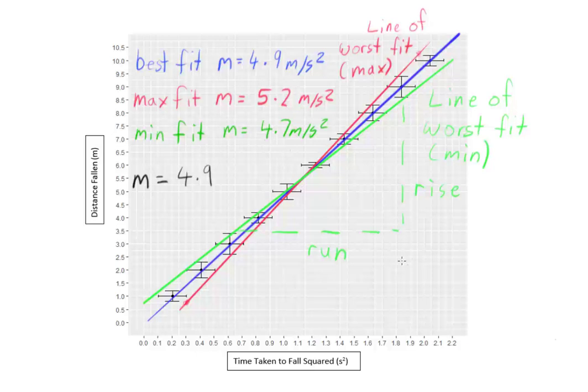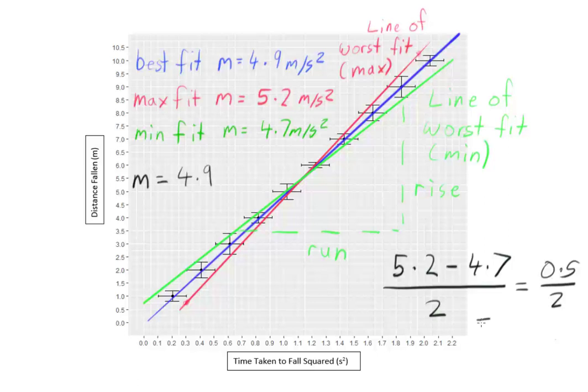So in this case, the uncertainty will be 5.2 minus 4.7 divided by 2 equals 0.5 divided by 2 equals 0.25 meters per second squared. Now in this case, to get my significant figures correct, I'm just going to round this to 0.3. And so my final answer will be 4.9 plus or minus 0.3 meters per second squared. And that would be the gradient of my line.